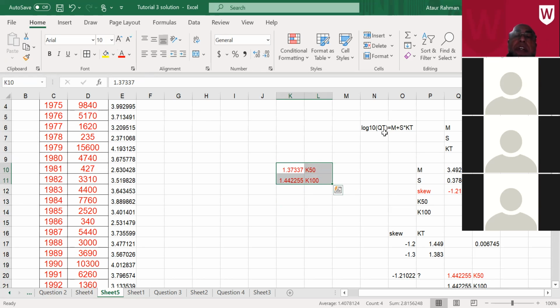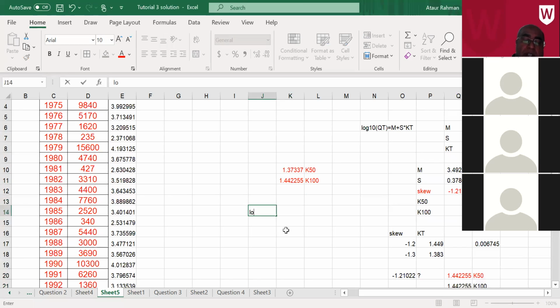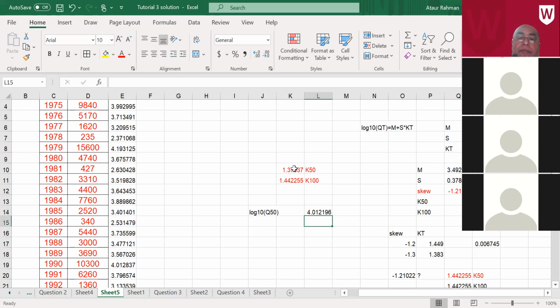So now, once we know the KT value, then we can estimate our flow data. So first, let us compute log 10 of Q50, which is our equation. M is this plus our standard deviation is this times our frequency factor is this for K50.